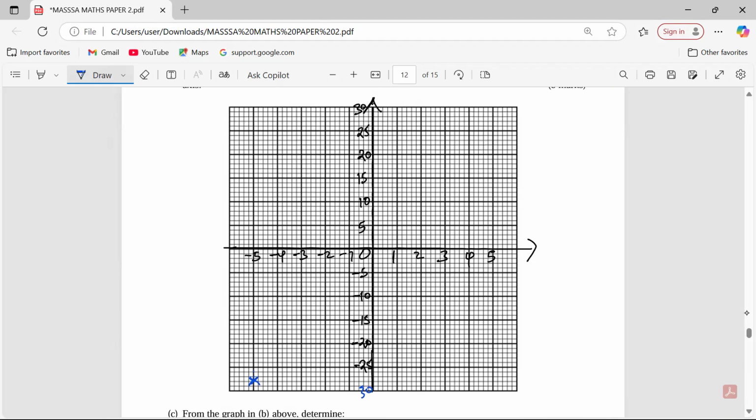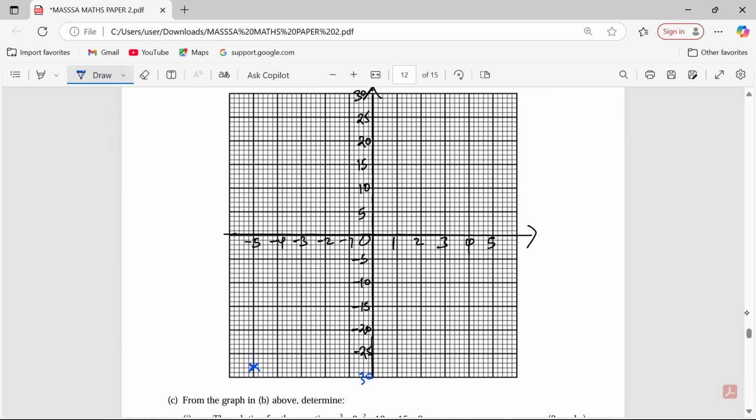Then -4, we have 0, so -4, 0 should be there. -3, 10 is going to be at this point. -2, 8, it's going to be here. -1 with 0, so -1, 0 shall be at this point.